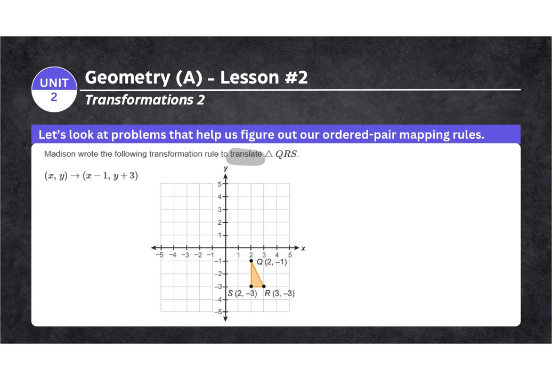Okay, so let's go ahead and talk about how to translate. So we are given a preimage, and that preimage is triangle QRS. And this problem specifically states that Madison wrote the following transformation rule to translate this or slide it across the coordinate grid.